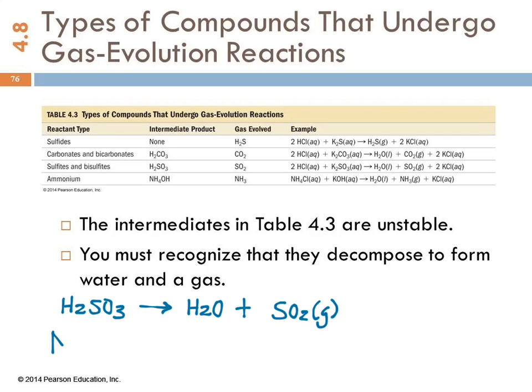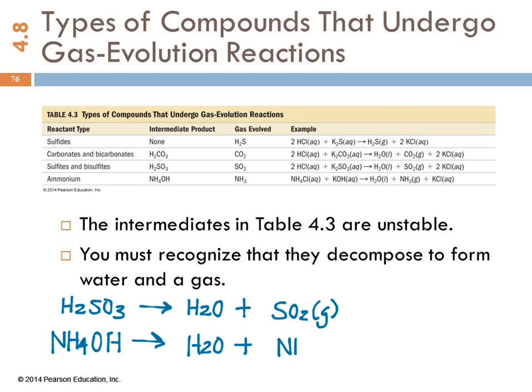Ammonium hydroxide. Ammonium hydroxide will also generate a gas by losing a water molecule. What's left when we take two H's and an O from this formula? NH3.